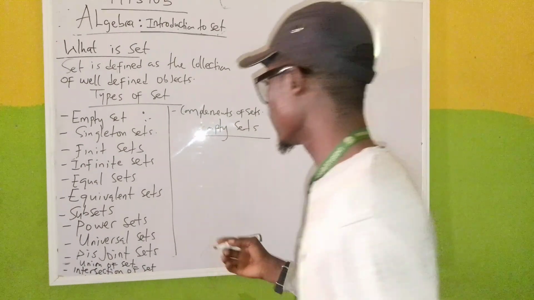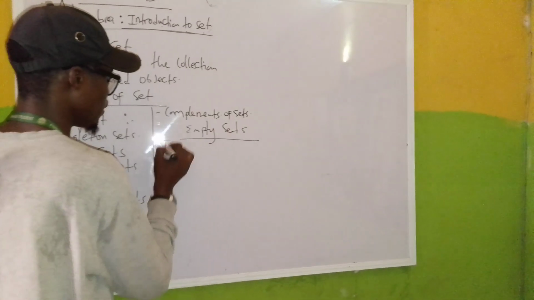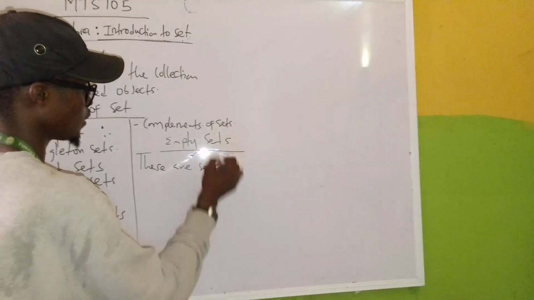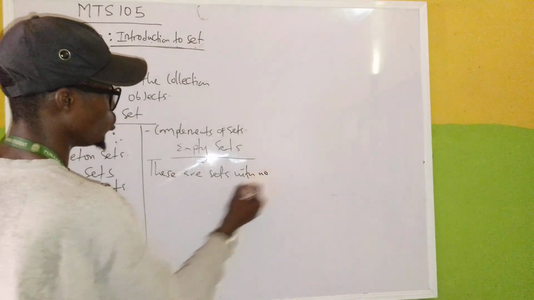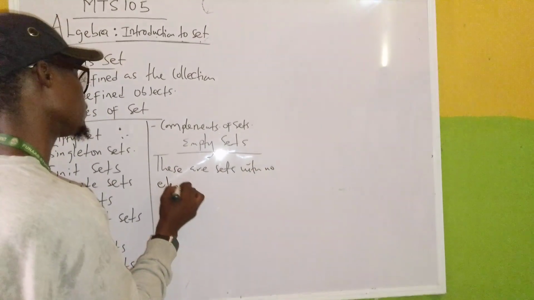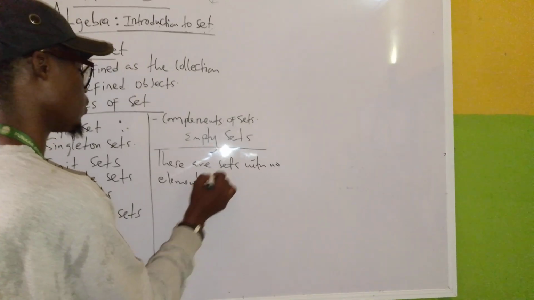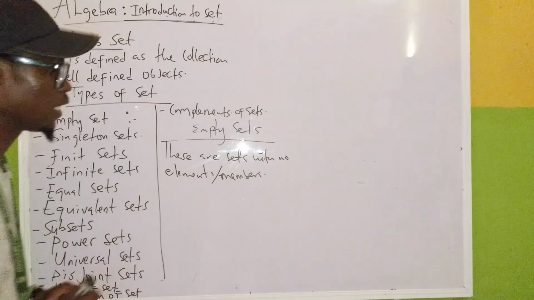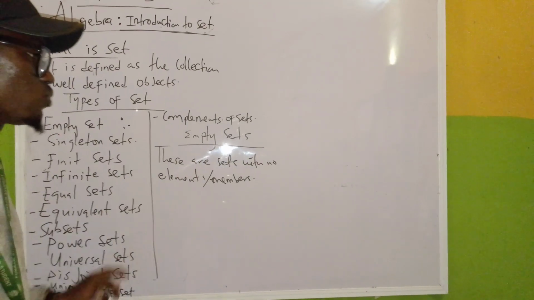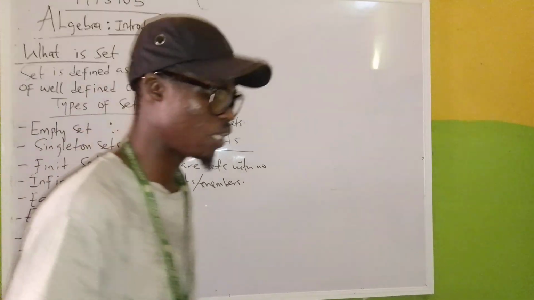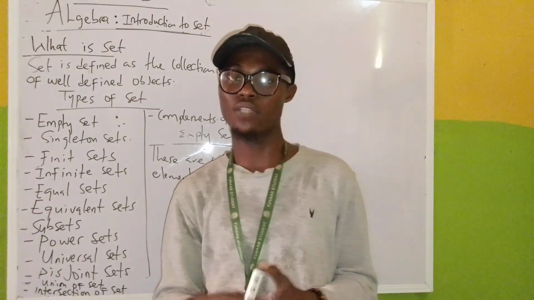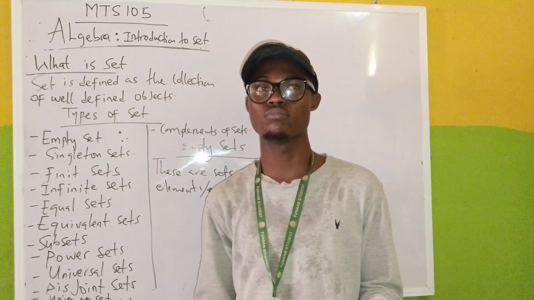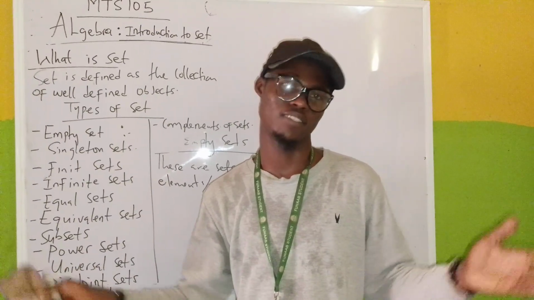Now, an empty set, let me just say these are sets with no element or members. These are sets with no element or member. For instance, if we are told to give an example of an empty set, let me just say, human being without head.